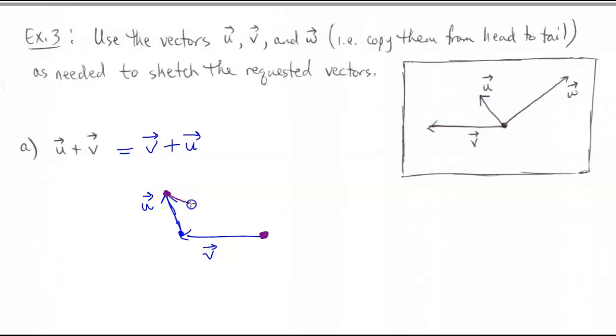So if I was to draw that, that would roughly look something like this. And we would do that, and this would be the vector u plus v, which is the same as v plus u. And if you wanted to, you could express it this way as well. So in general, that's what that vector would look like, okay?